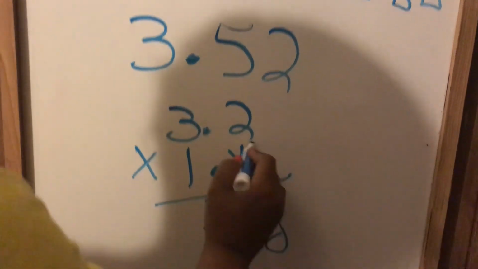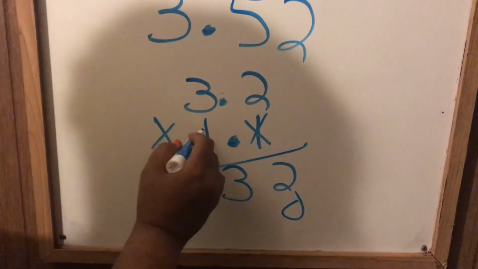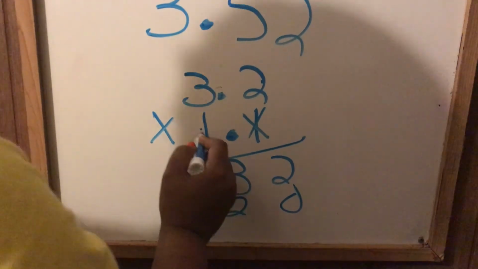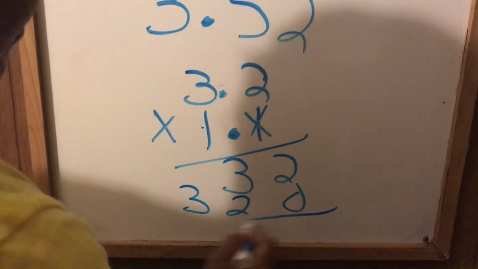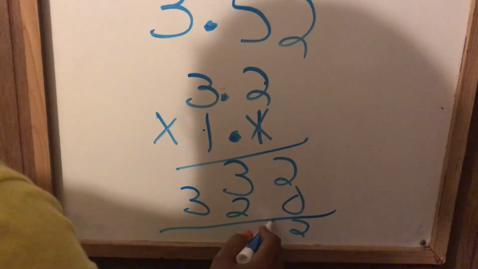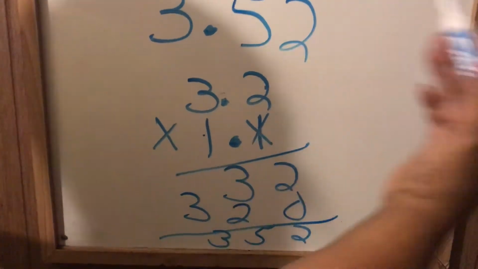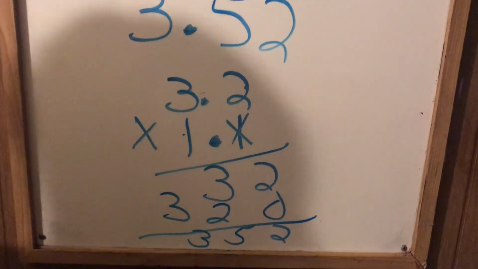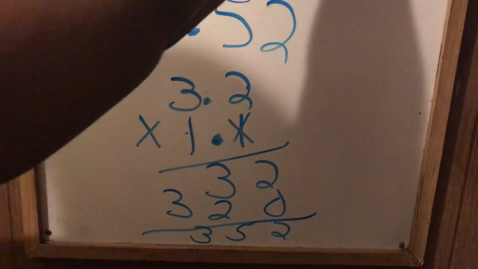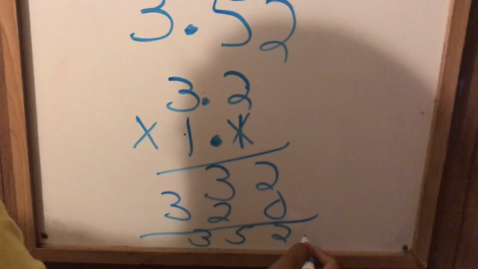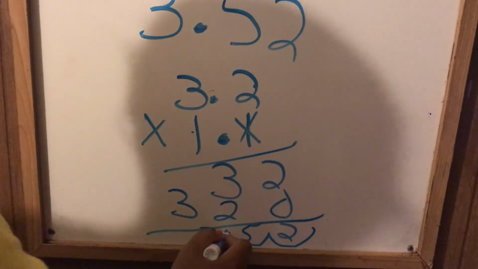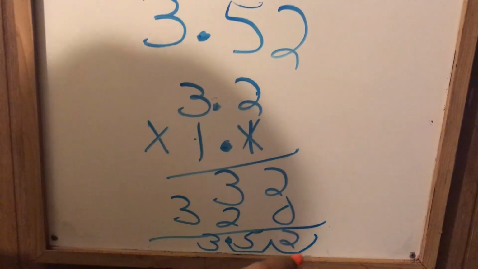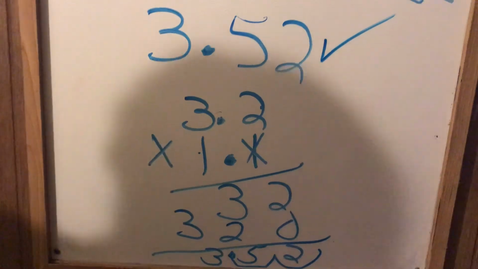Put my placeholder because I'm moving to another place value. 1 times 2 is 2. 1 times 3 is 3. 2, 5, 3. Again, we start from the right and count how many numbers after the decimal: 1, 2. So we move it twice. 3 and 52 hundredths is correct.